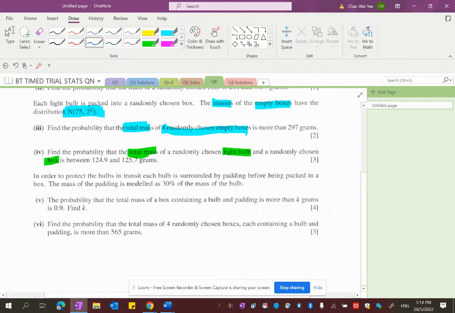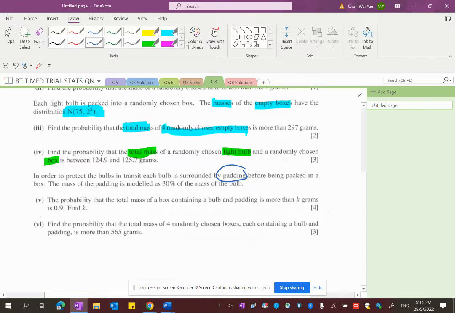Okay, now we move on to the last part of the question. In order to protect the bulbs in transit, each bulb is surrounded by padding, that means a cushion, before being packed into a box. And now the padding's mass is not insignificant. It does have its own weight as well. So the mass of the padding is modeled as 30% of the mass of the light bulb.